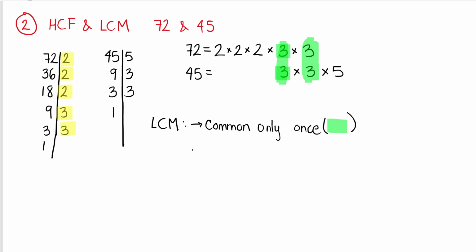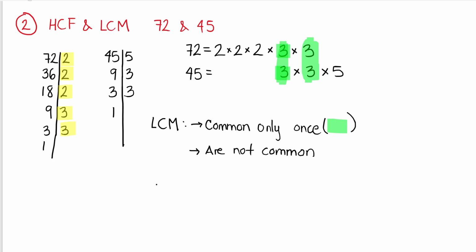But you're also going to select those factors that are not common. So, in other words, you're selecting all the factors, but the ones that are common, you're selecting only once, okay?